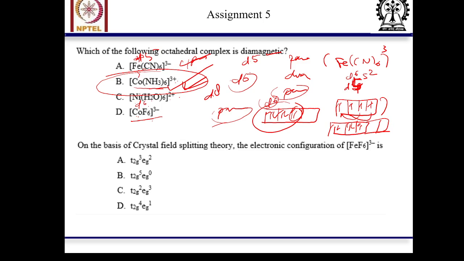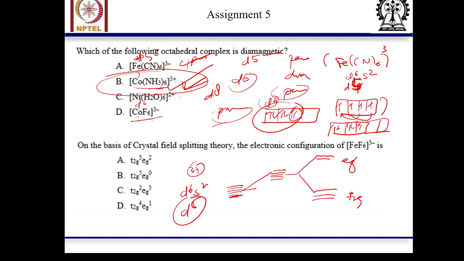On the basis of crystal field splitting theory, what is the electronic configuration for Fe3 plus? Iron 3 plus means d6 s2, which means d5. It will rise to 5 here. Then it has further 1 2 3. This is t2g, this is eg. d5 means 1 2 3 4 5.